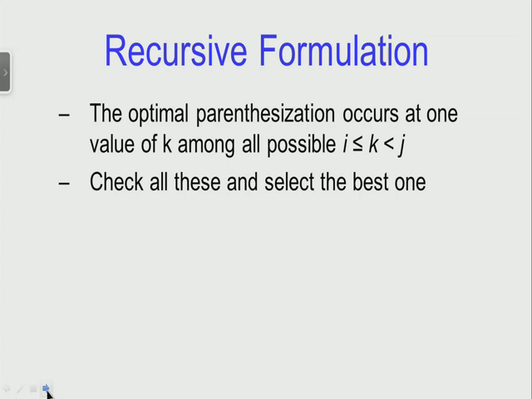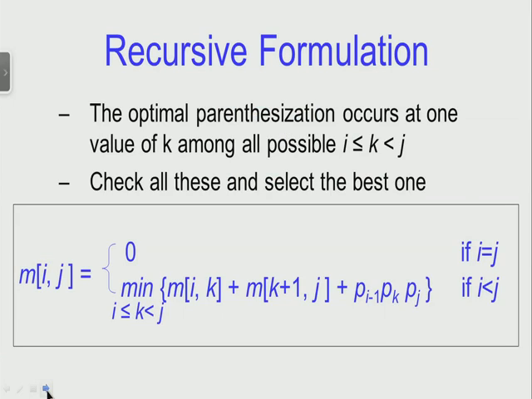To complete the recursive formulation, let us observe that the optimal parenthesization occurs at one of the values of k between i and j. We do not know which one it is, but the algorithmic idea is very simple. We check all the possible values of k between the range i and j and select the one that gives the least value, and this specifies completely the recursive formulation of m of i comma j. If i and j are the same, it is 0 because we do not have to perform any multiplication.